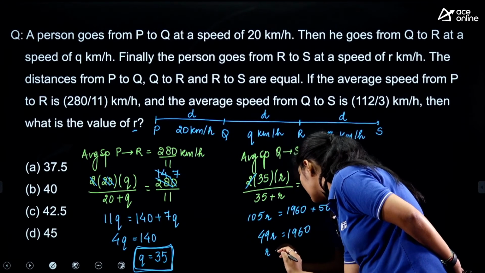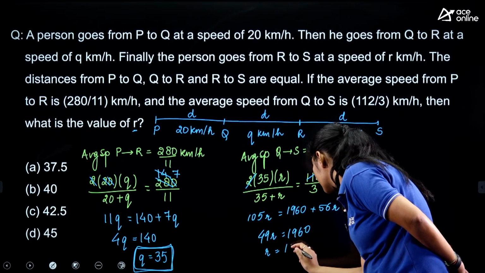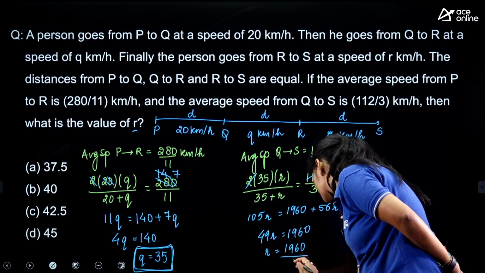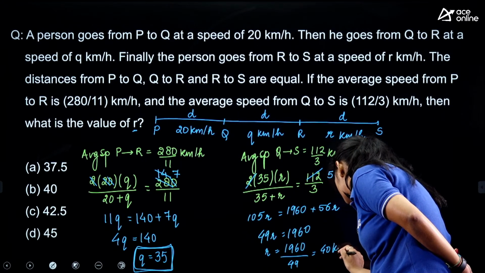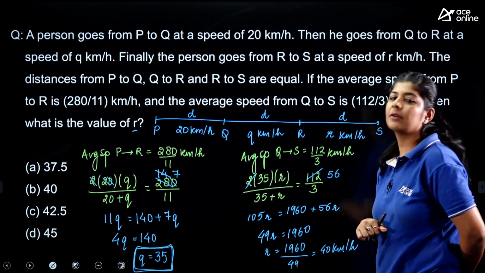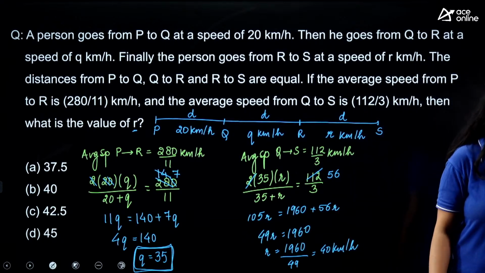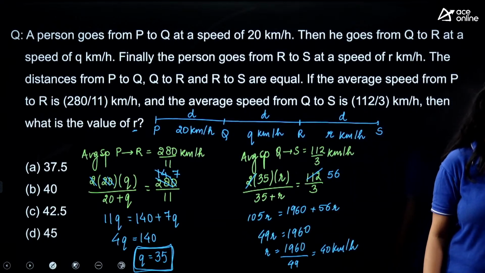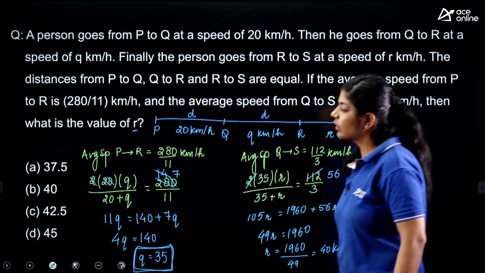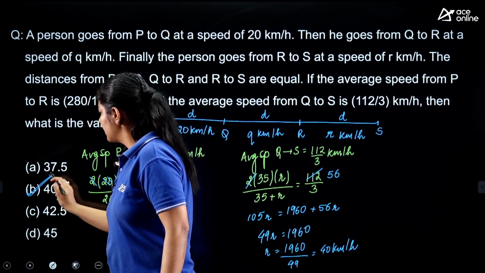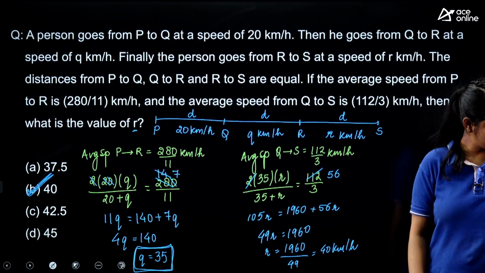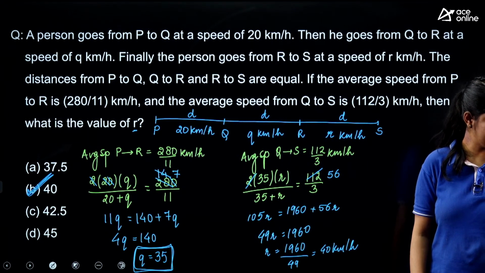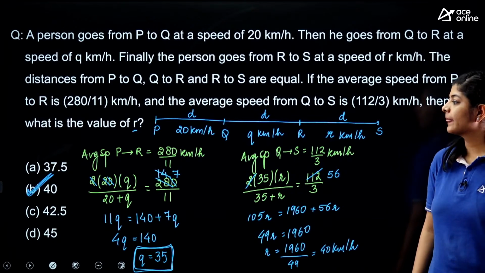The value of r is 1960 divided by 49, and it is 40 kilometers per hour. Options are not visible. Why are options not visible? Option number B is the correct one. Is it clear? Next.